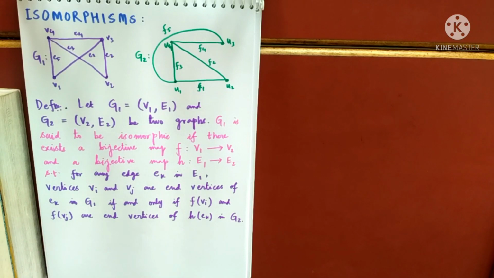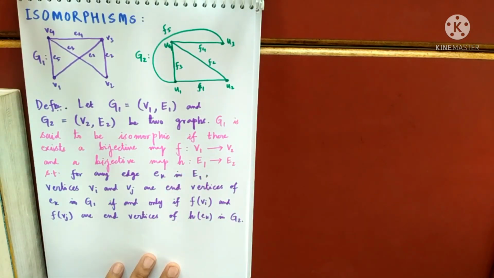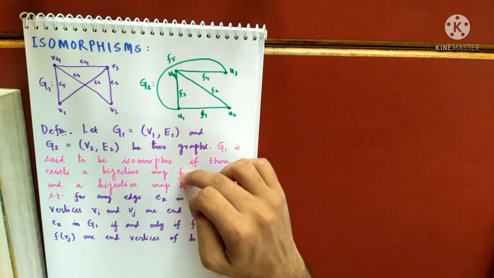So this strong condition must be satisfied. What is this strong condition? I'll explain. You have to find two bijective maps f and h.